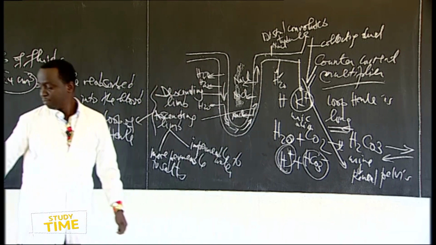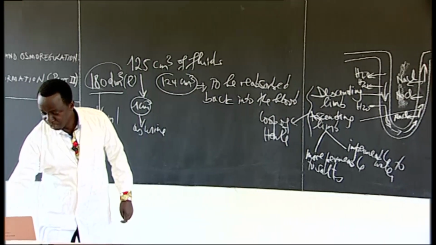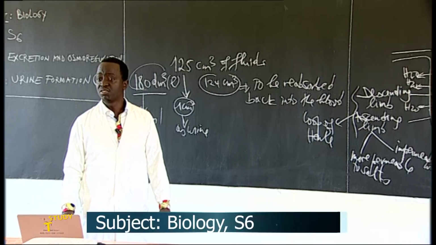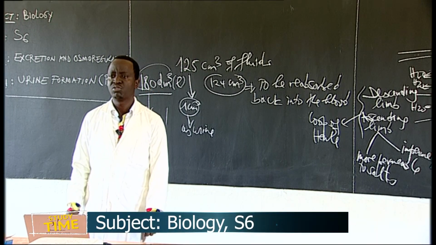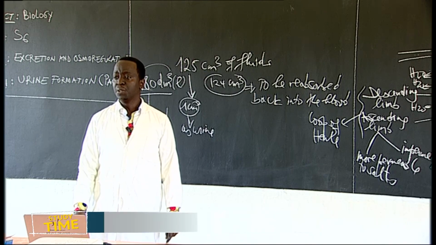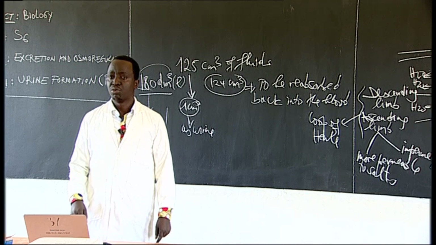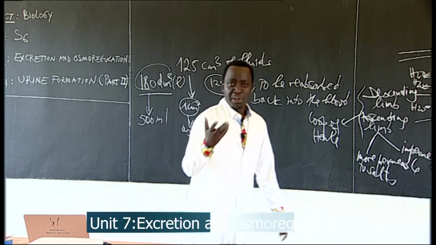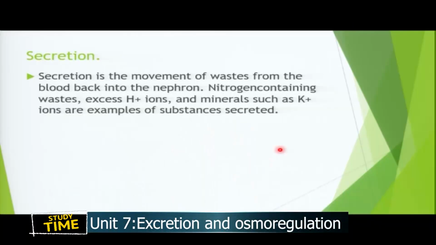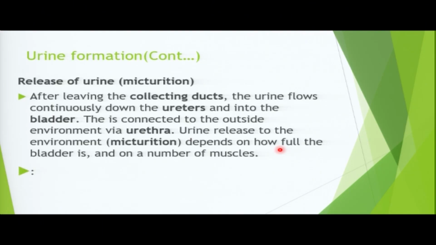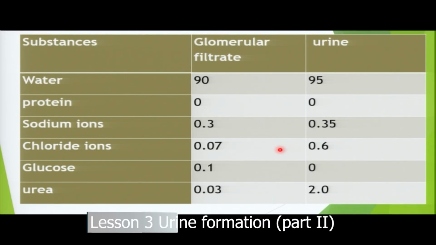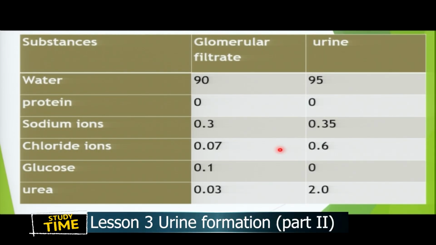Nice. Now, secretion, we have already talked about this, is the movement of waste products from the blood into the nephron to be excreted out. Are you getting this? Now, if you understand this mechanism, what is the composition of urine?